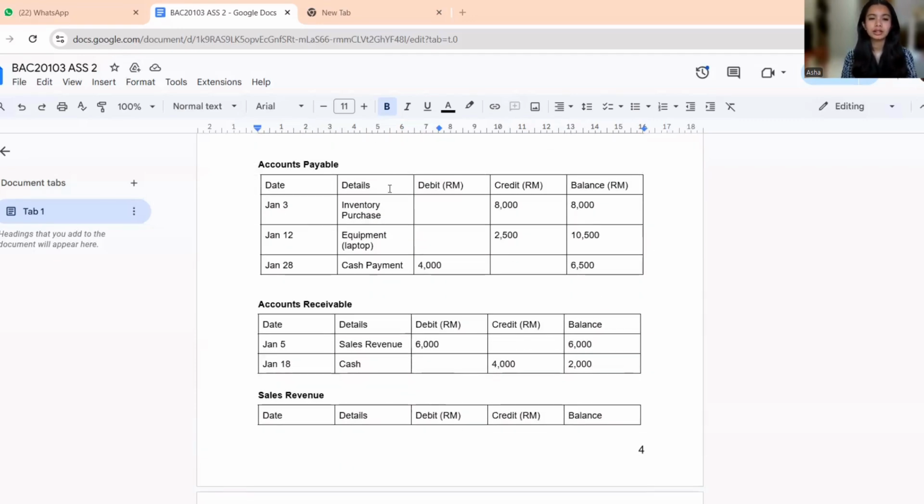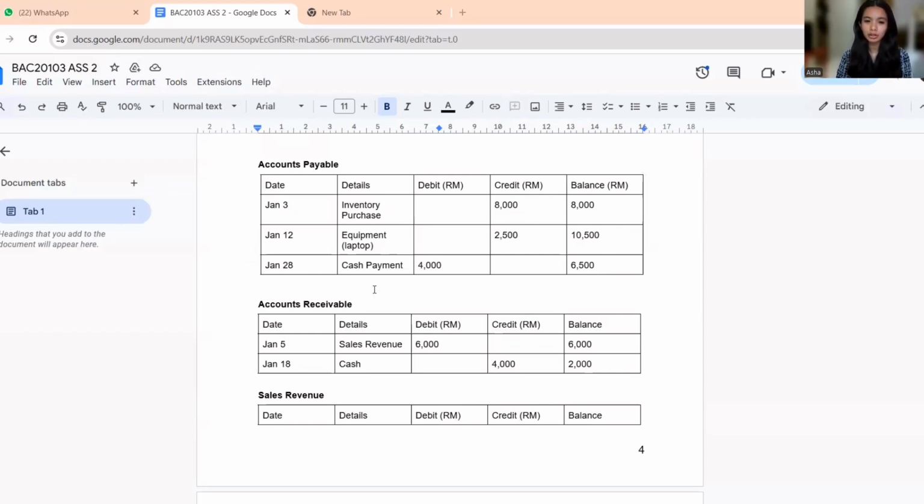Then let's see the accounts payable account. On the 3rd January, inventory purchase, credit side is 8,000 and the balance is 8,000. January 12th, equipment laptop, on the credit side is 2,500 and the balance left is 10,500.